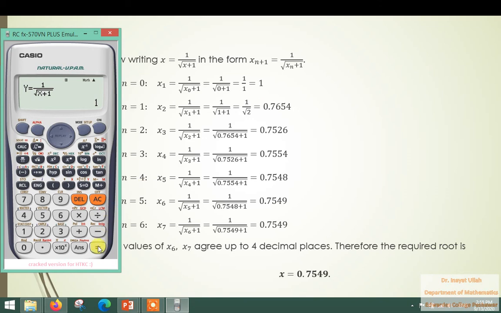Then press the equal button. It will ask about the value of x, and the new value of x is x1. That is the previous value, and this previous value is actually the answer of this equation. So we will press Ans, then equal, that is square root of 2 by 2, converting it into decimal notation, that is 0.7071.